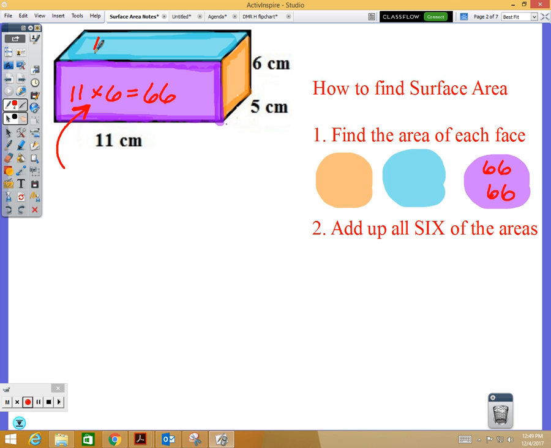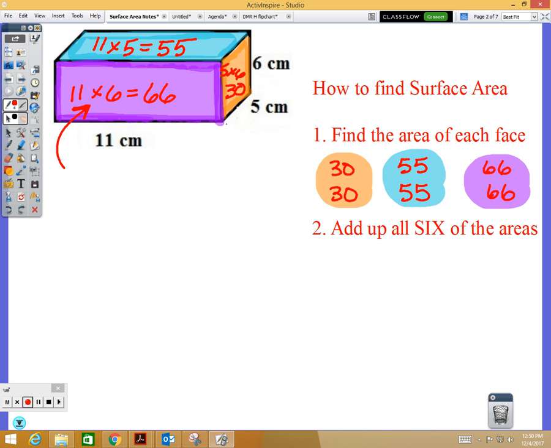So the top is 11 times 5, which is 55. So again, the blue, the top is 55, and the bottom is 55. And then we have our left and our right-hand side, which would be 5 times 6, which is 30. Good. So 30 and 30.